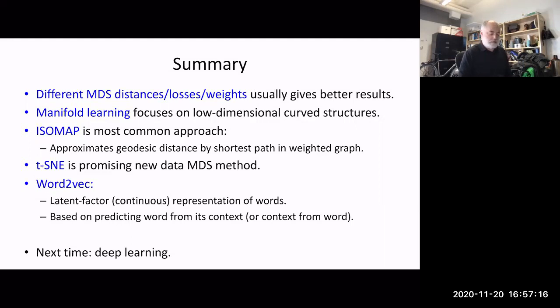It's been cited something like 14,000 times, and it uses shortest paths and a weighted graph to approximate geodesic distances. t-SNE is a really cool and promising new MDS method, and Word2Vec is a way of learning latent factor models for words based on their context in a large corpus.